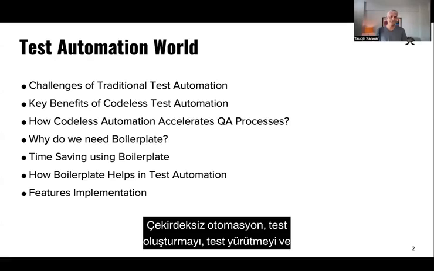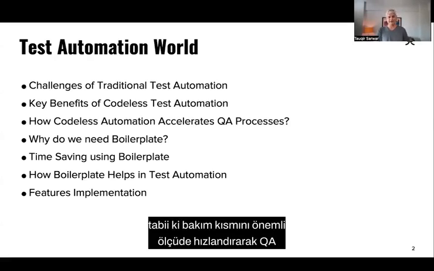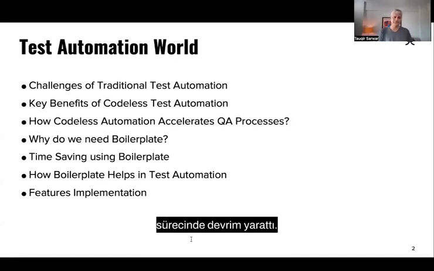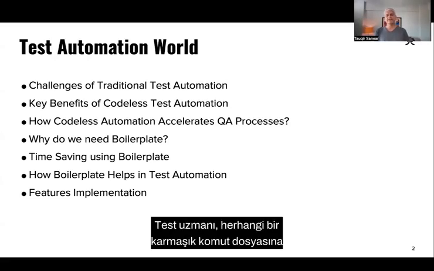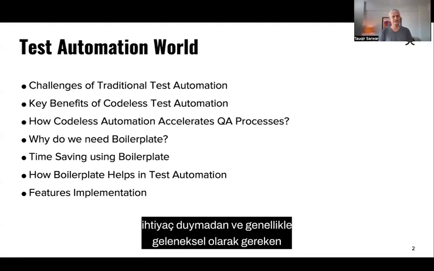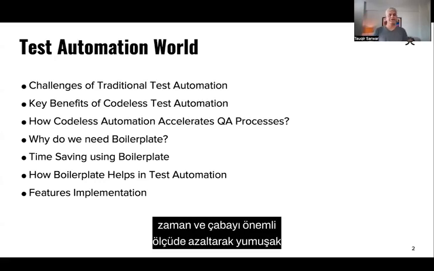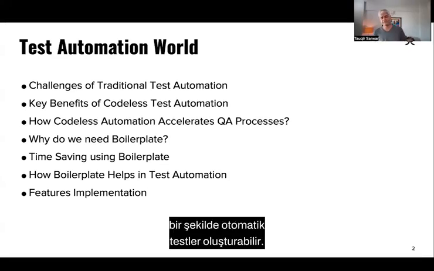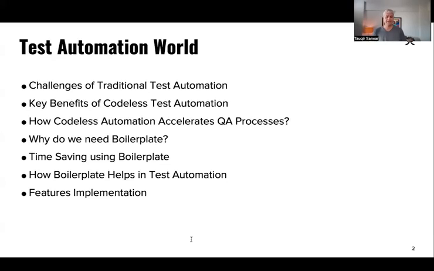Codeless automation revolutionizes the QA process by dramatically accelerating test creation, test execution, and obviously the maintenance part. The tester can easily generate automated tests without the need for any intricate scripting, significantly reducing the time and effort traditionally required.